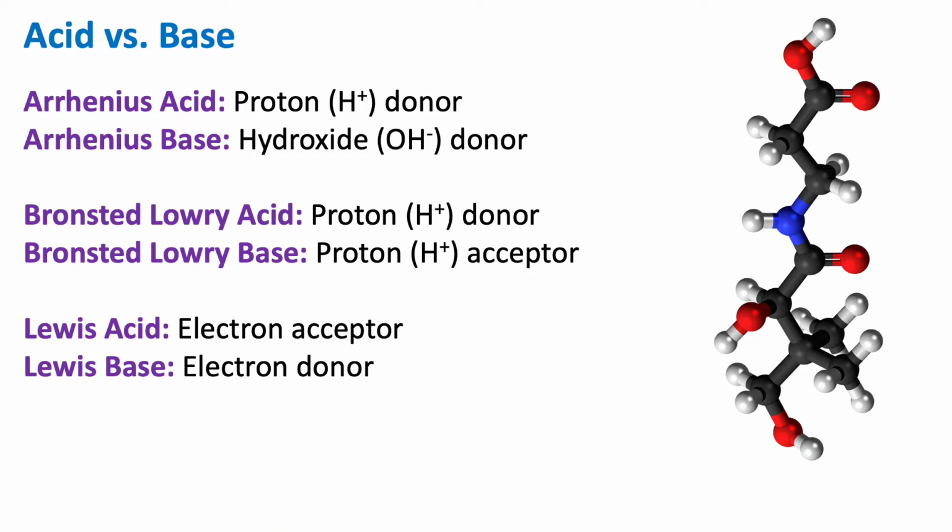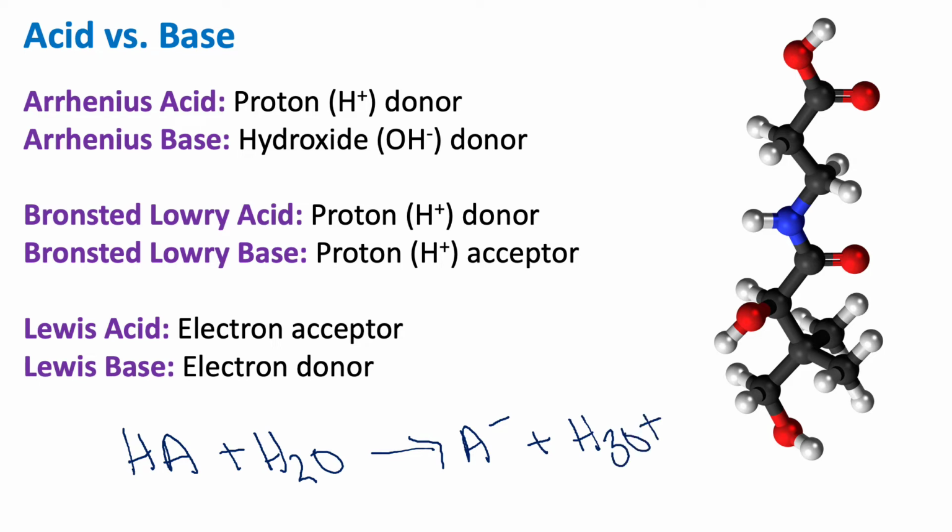Here I'm just going to quickly draw out this equation again, where I have this general acid, and I combine it with water, and I get the products A- and H3O+. So over here I can see that this was my acid because it had the proton, and we know that acids are proton donors. So it's going to donate the proton and it's going to become A-. So where does that proton go?